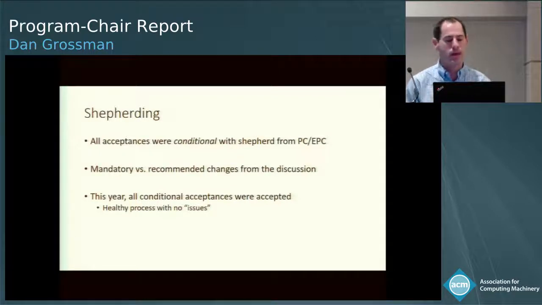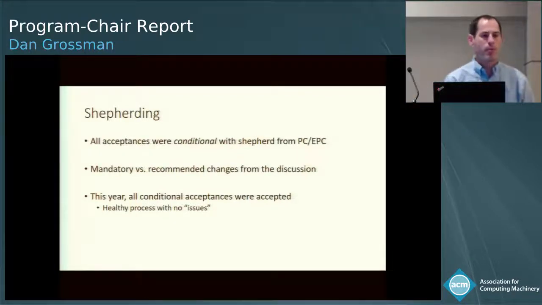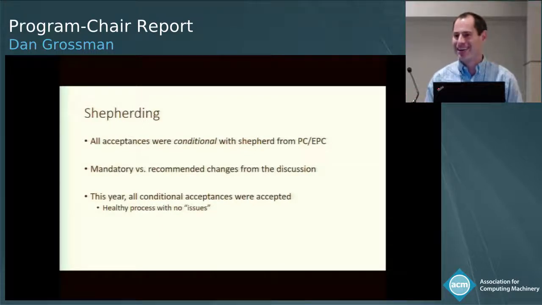I think that distinction is of value to everyone. The process should be lightweight. The assumption is that in almost all cases, papers will become accepted. And in fact, this year, every conditionally accepted paper was accepted. And I can tell you from where I sit, there were just no issues. Perhaps I got lucky, but the ensuing shepherding process was quite straightforward.